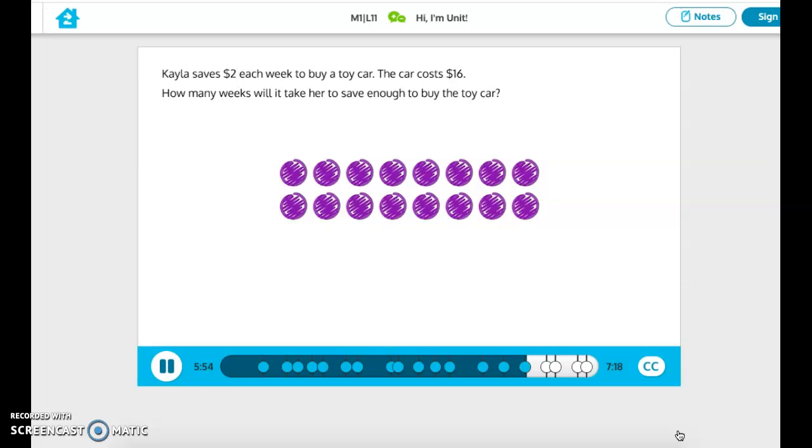This array represents our problem. 2 disks in each column for the $2 each week that Kayla saves, and 16 total dollars.